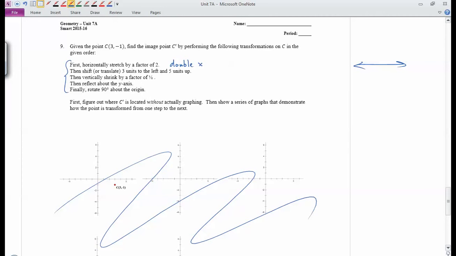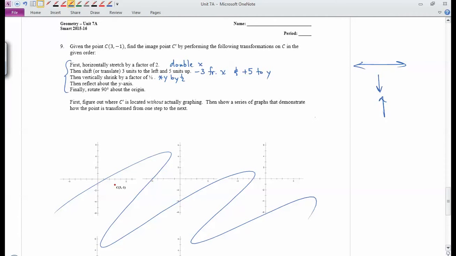When I shift it 3 to the left and 5 up, 3 to the left means I'm going to have to subtract 3 from x, and then 5 units up means add 5 to y. If I'm vertically shrinking by a half, that means that I'm only pushing things in towards the middle vertically. So that's going to be multiply y by 1/2.